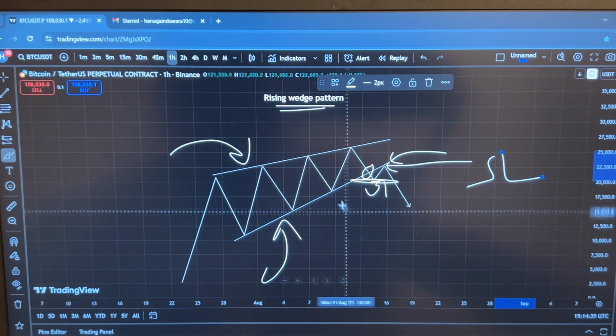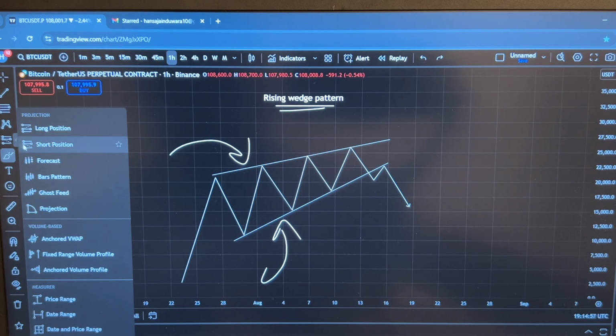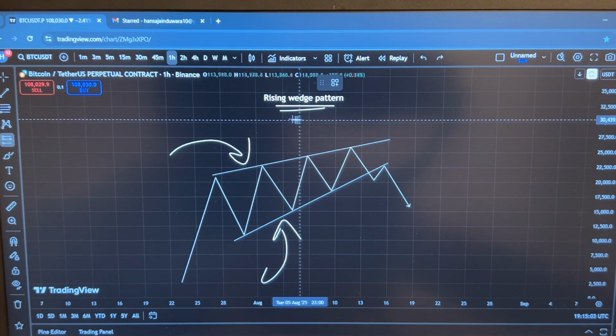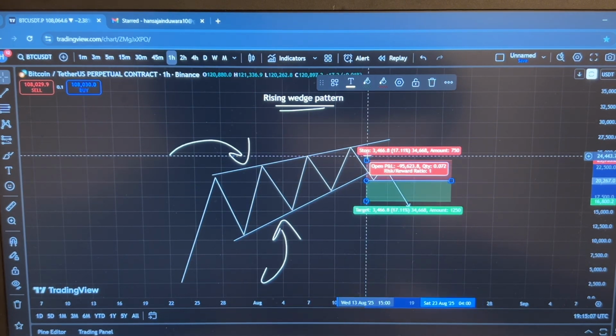And then I will show you guys where to put the TPs, because this TP is going to be different. So first off, let me show you guys an example. This is a rising wedge, so this is a short position, so we are going to put the short position here.